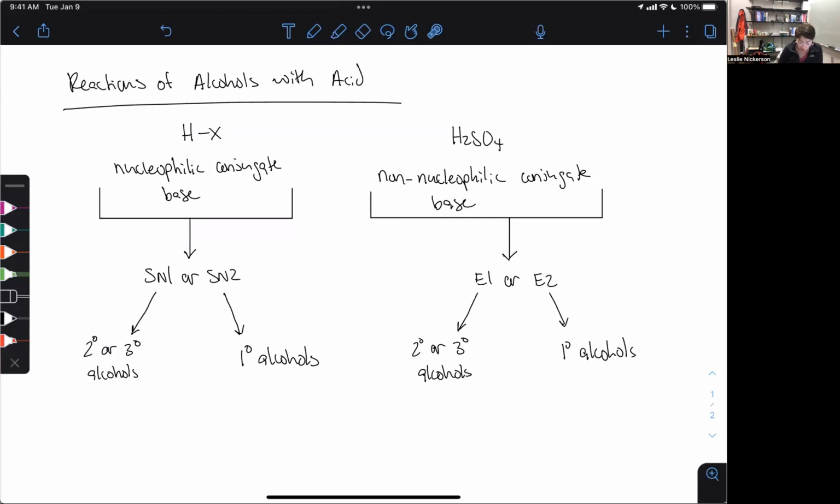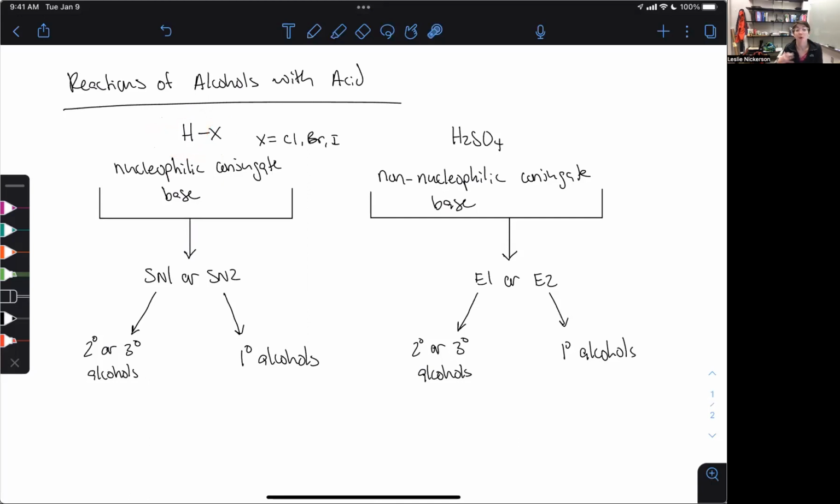So this is how I like to break it down in my head. We're really thinking about an option between, I can either have a nucleophilic conjugate base, where X is going to equal chlorine, bromine, iodine, so things like hydrochloric acid, hydrobromic acid, hydroiodic acid. Those are going to be our nucleophilic conjugate bases, because once we protonate and we end up with that Cl minus, that Br minus, that I minus, those are going to be good nucleophiles.